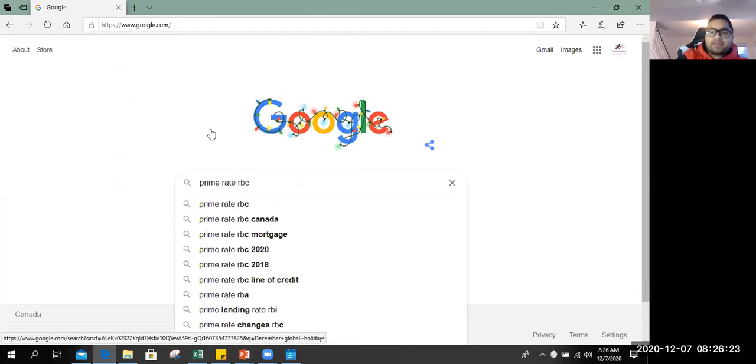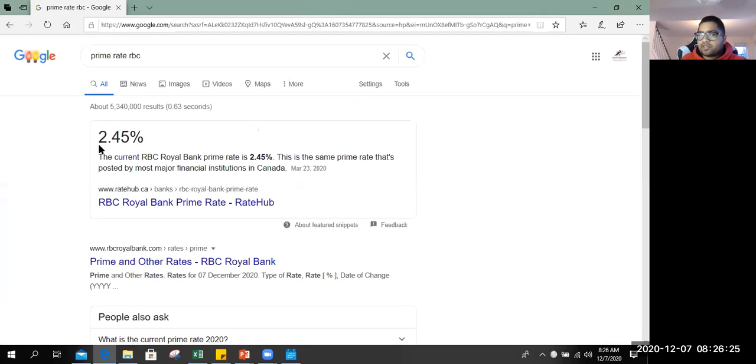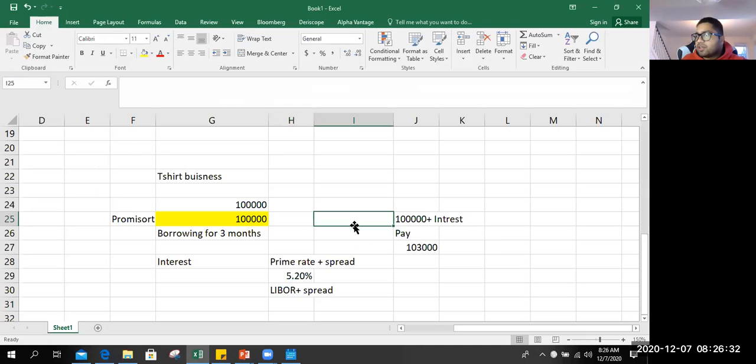Prime rate RBC. So it is 2.45. This keeps on changing. It is a market rate. Now, one question would be, can you borrow below prime rate? Generally, whenever you are doing long-term borrowing, you can even borrow below prime rate. So if you have been a good customer with RBC, they may give you discounts on prime rate.